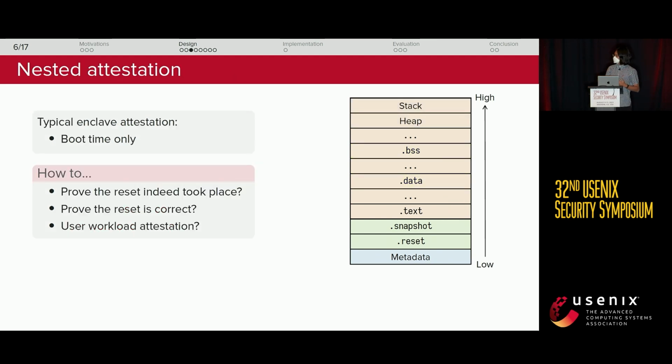And with the reset, we now want to prove the reset to the user. And also, it's serverless, so we need to prove to the user their workload has been properly deployed. But typical enclave attestations are boot time only. They attest the initial state of the enclave, but not the things we discussed. So how do we prove the reset indeed took place, and the reset is correct, and about the user's workload?